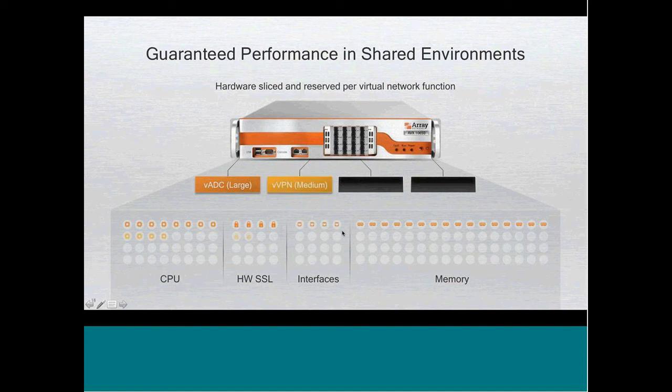Now, if I say I want a medium instance of VPN, only half the resources will be allocated. If now I want to install a medium instance of a virtual web application firewall, again, half the resources compared to the large instances are allocated. And if I want a large instance of next-gen firewall, all the resources are allocated. So this is what is happening.